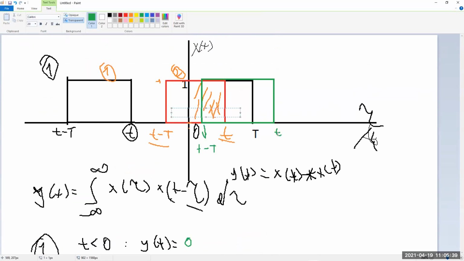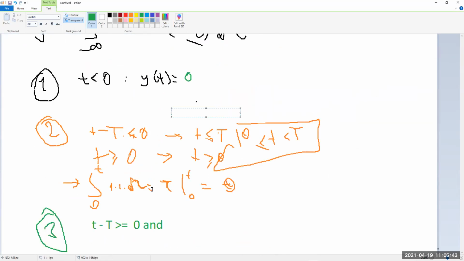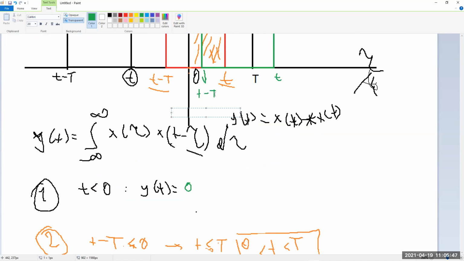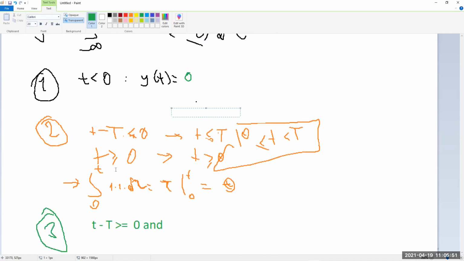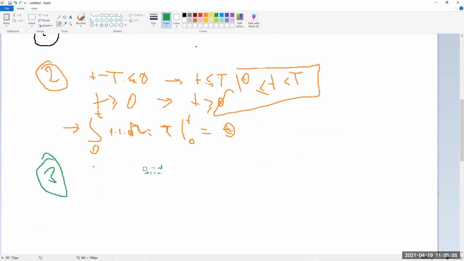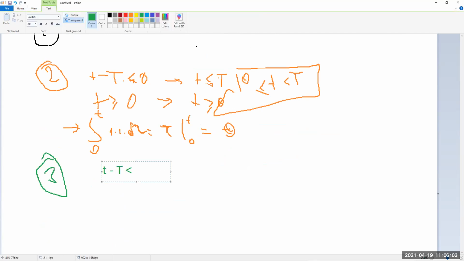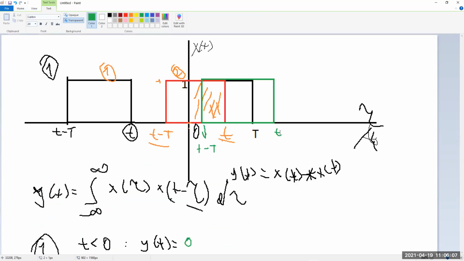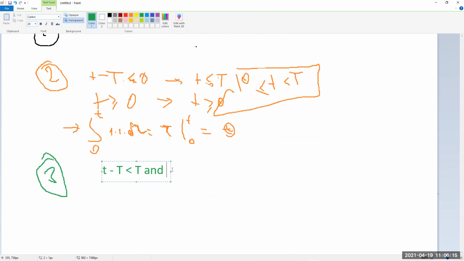And as you can see, no, not that part. Pardon me. t minus big T is less than big T, and t is less than 2 big T. If we rearrange this term, I think we can say that one, right? Okay.